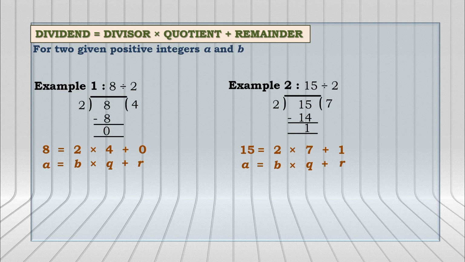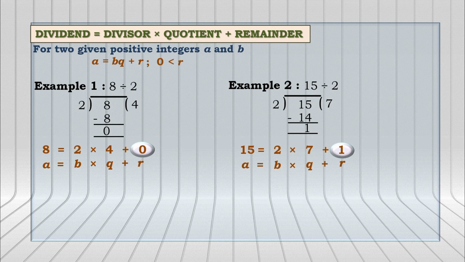If we generalize this, we can write A, which is the dividend, equals B, which is the divisor, into Q, that is the quotient, plus remainder R. So for any two given positive integers A and B, A equals BQ plus R. In this case, what we observe is that the R value can be 0 or 1.